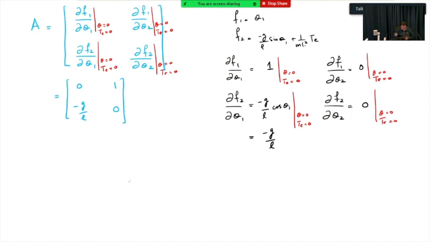Okay, and the matrix B by the linearization formula we saw is curly f1 divided by curly u, or curly Te, because u is just renamed as Te here, and the second one is curly f2 by curly Te. And remember, you have to do the substitution after taking the derivative.